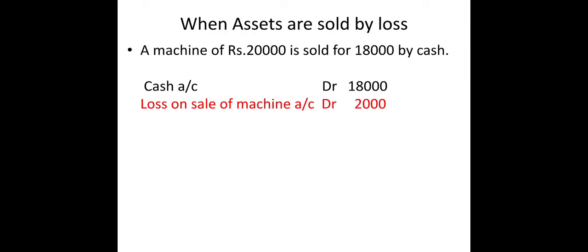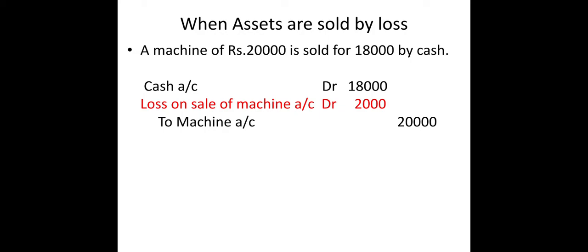Credit what goes out. Yes, what goes out. Yes, machine goes out. Yes, so to machine account will be 20,000, and you know that the total of debit and credit side must be equal. Student, this is just a learning video. This is just for learning.